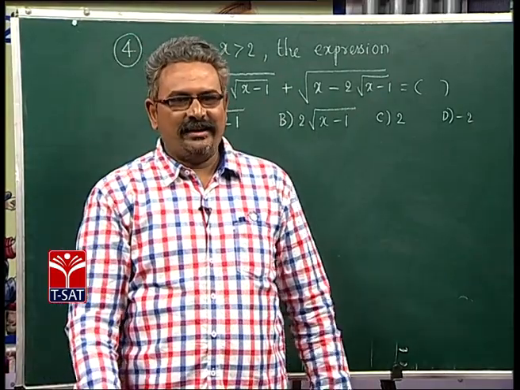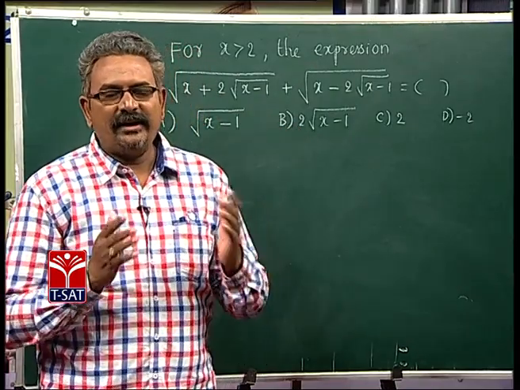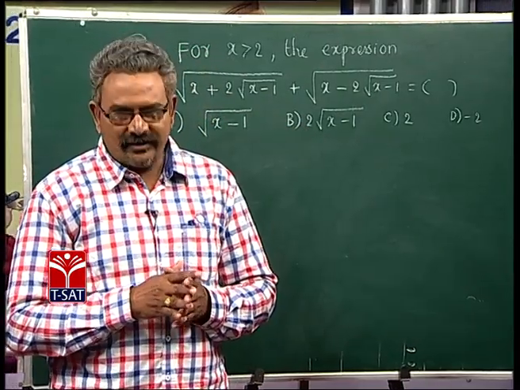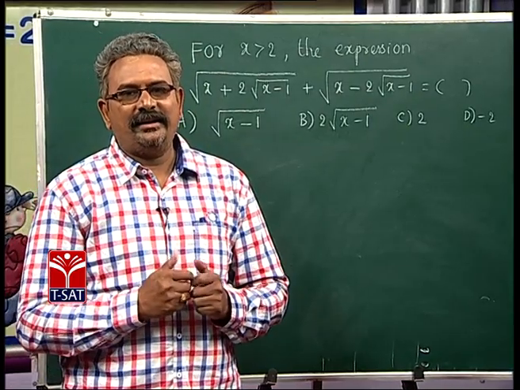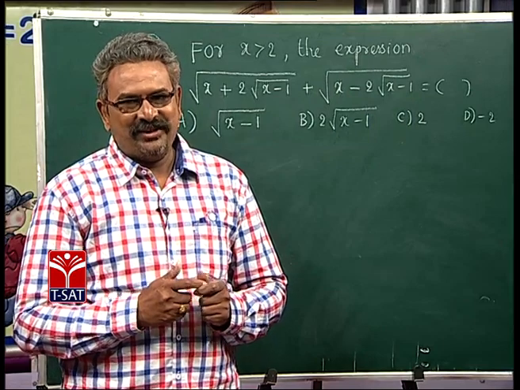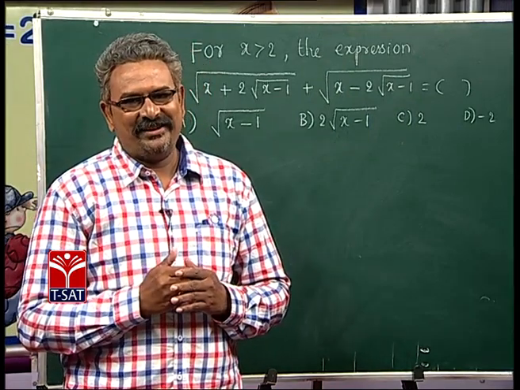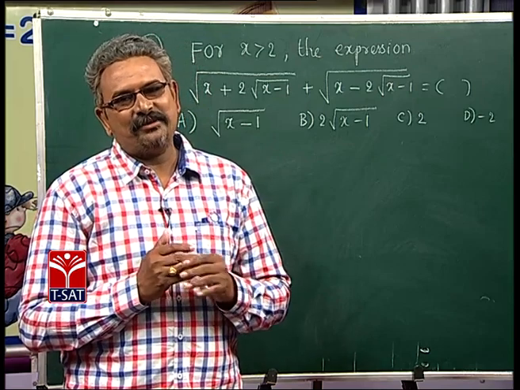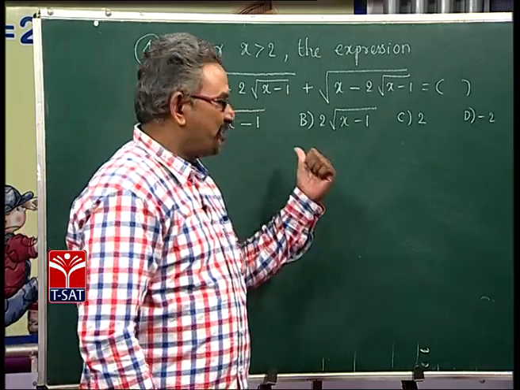So, in order to solve this problem, we require some sort of concept on absolute value of a real number. So, absolute value of a real number is mod x. So, what is the concept of the mod x? Let us have a brief discussion. After that, we shall move to this problem.